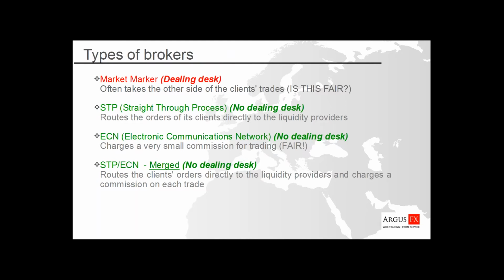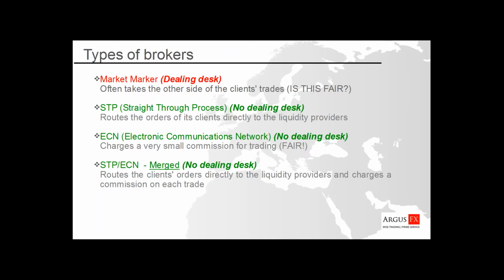Okay, let's see in a summarized version the three types of brokers, of which the second and the third type are merged at the end. Let's start with the market maker. The market maker is a broker that has a dealing desk, the so-called dealing room with the dealers.